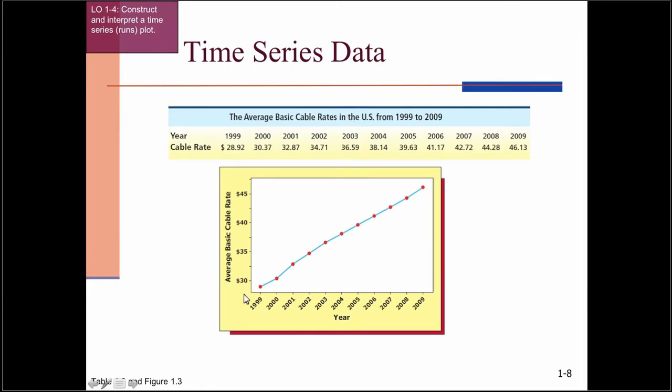You plotted the years on the horizontal line, and you plotted the cable coverage on the vertical line. And as you can see, with increased time, the average rate of cable is increasing. So there is a type of relationship here. You can come up with a conclusion based on the time series chart you plotted.